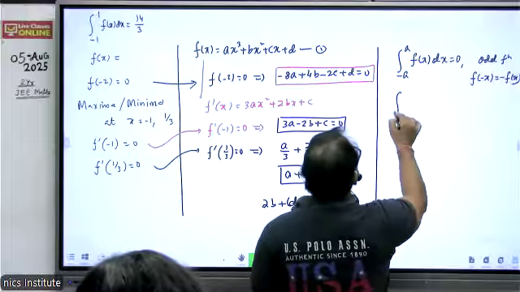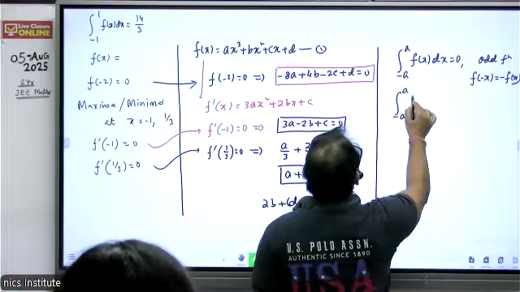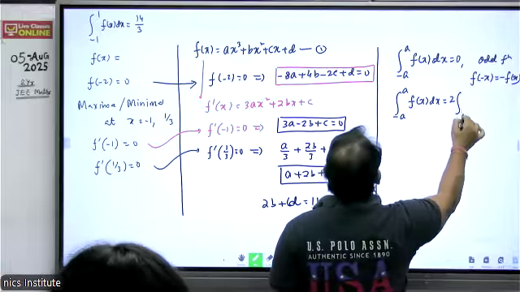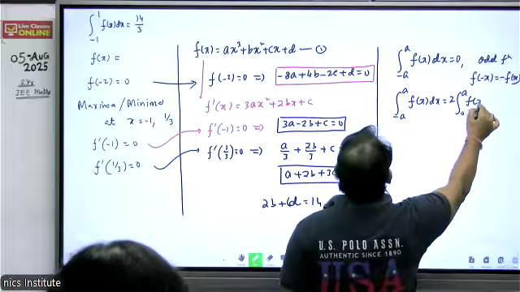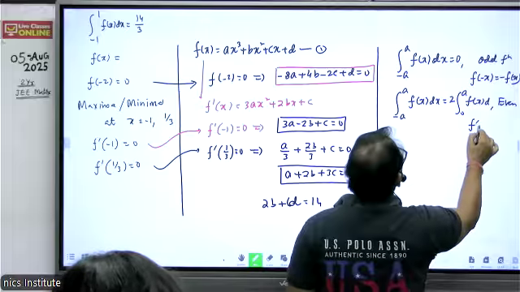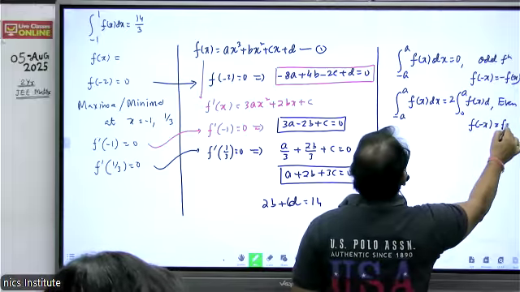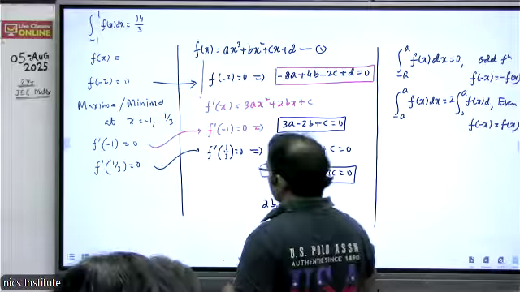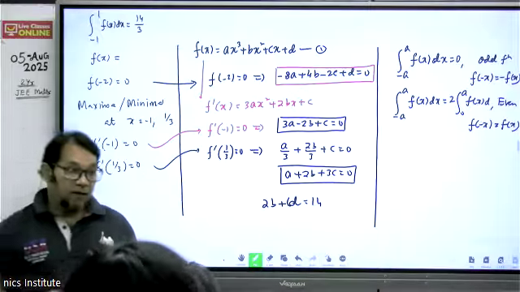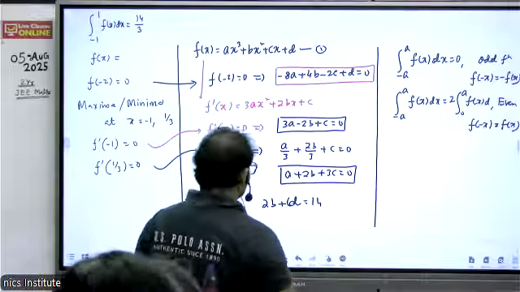Similarly, integration of an even function from minus a to a dx is always 2 times integral 0 to a f x dx. What is an even function? An even function is when you replace x by minus x, the function remains the same. This is the property you can use here so that your work will reduce and time will be saved.